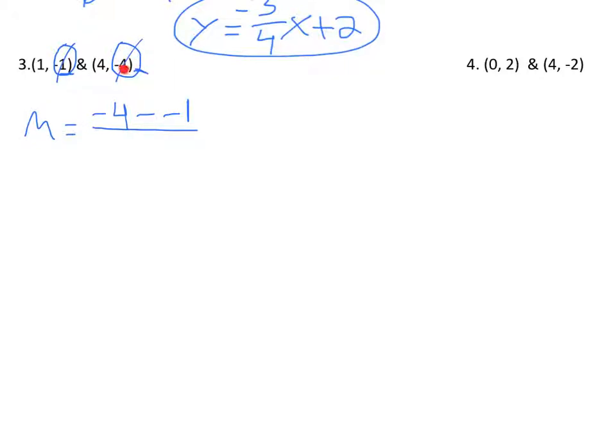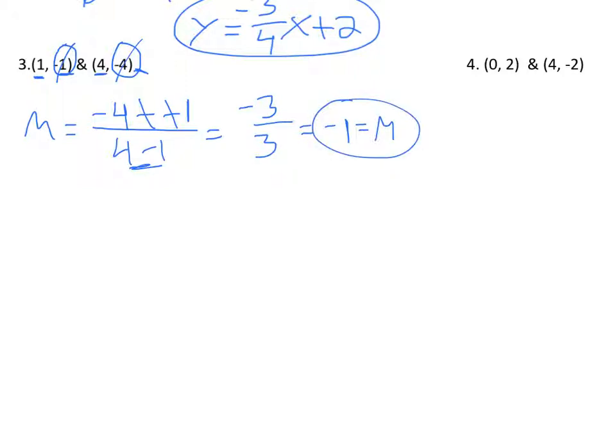Now, since I started with this negative 4, it means in the bottom I have to start with this 4 for the x's. So there, I'm going to have this 4 minus this 1. So on the top, add a line, change the sign. This is going to become negative 4 plus 1, which is negative 3. And then this 4 minus 1 is 3. Negative 3 over 3, that reduces to negative 1. So that's my slope.